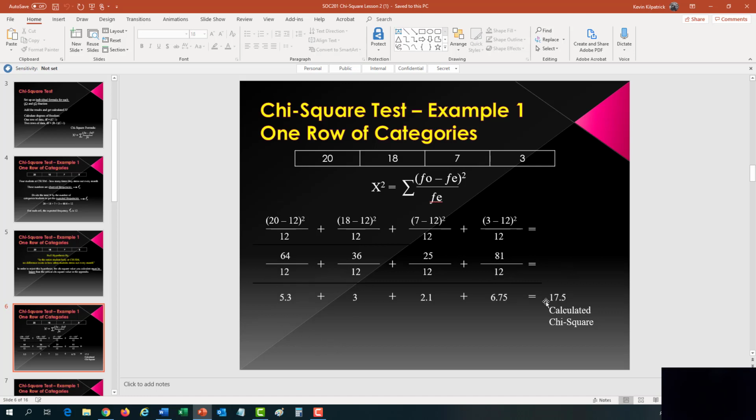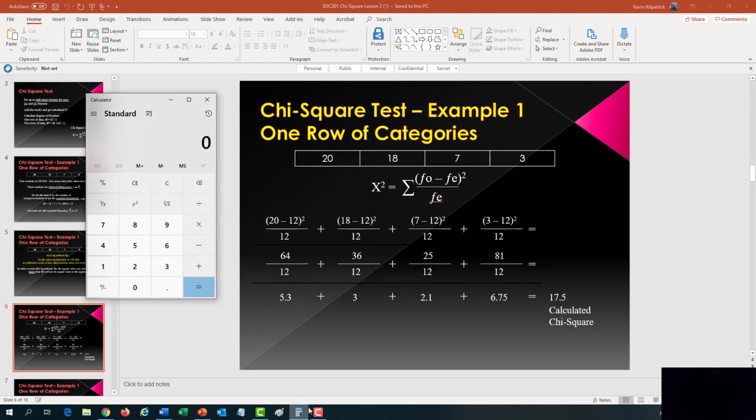And then I continue on down and divide 64 by 12. Let's see if I'm right here. 64 divided by 12 is 5 point, but I'm just going to reduce it down to 5.3. Okay? 36 divided by 12 is 3.